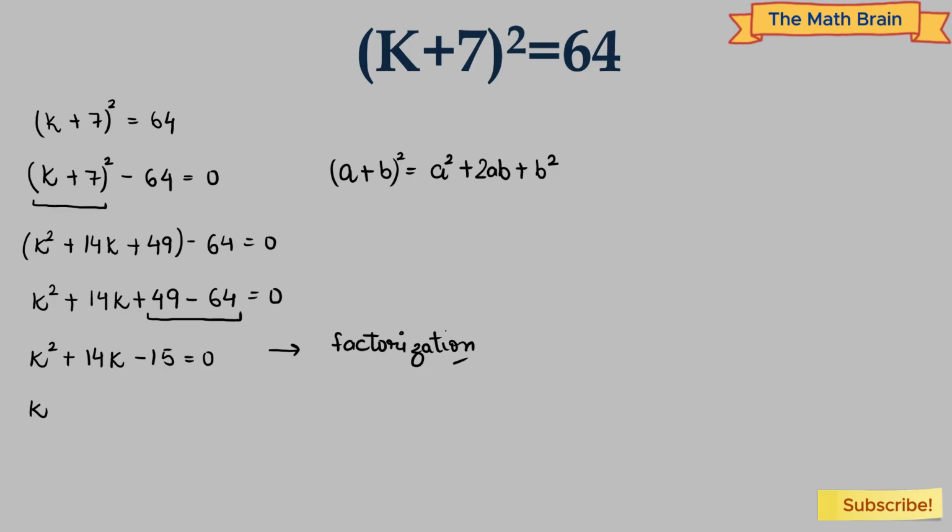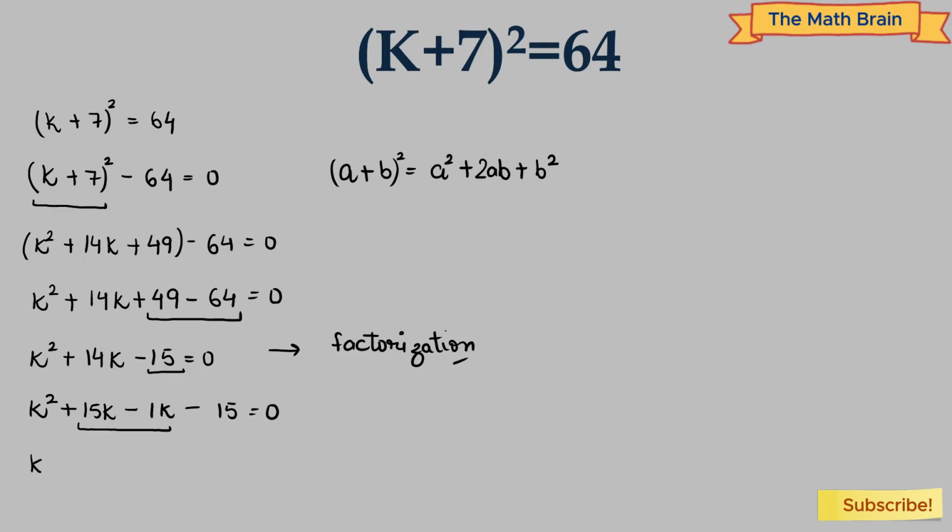And here we have k². If we write it as + 15k − 1k − 15 = 0, because +15k − 1k is 14k and 15 into 1 is 15.